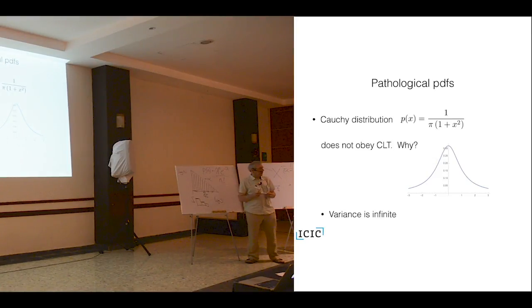Can anybody think why? It doesn't have a variance, that's right. So if you multiply this by x squared and integrate over x, then it diverges. So it either doesn't have a variance or has infinite variance depending on your taste. So it doesn't obey this.